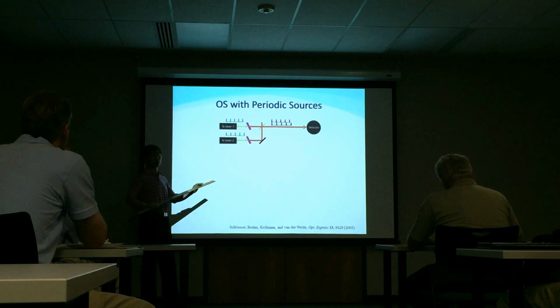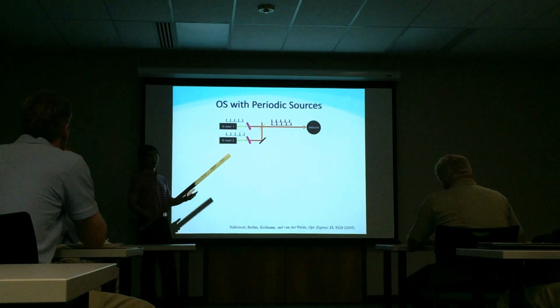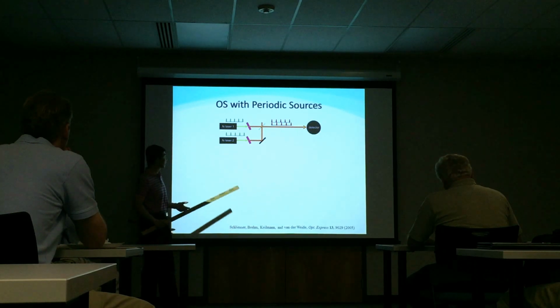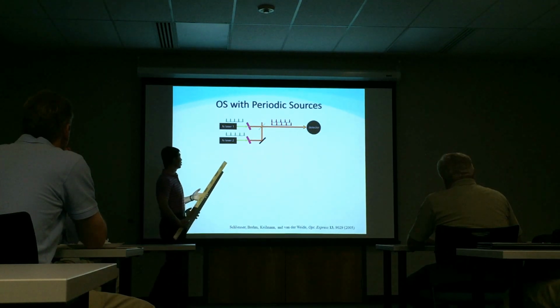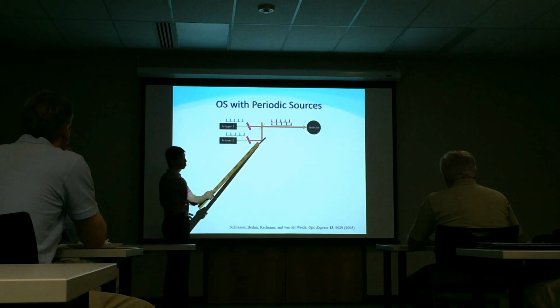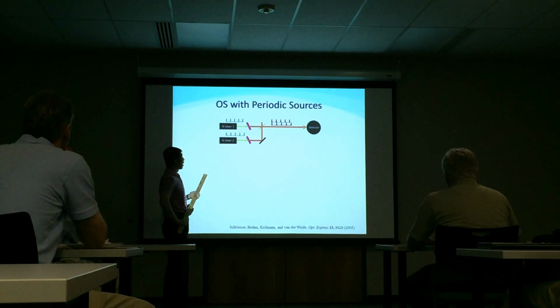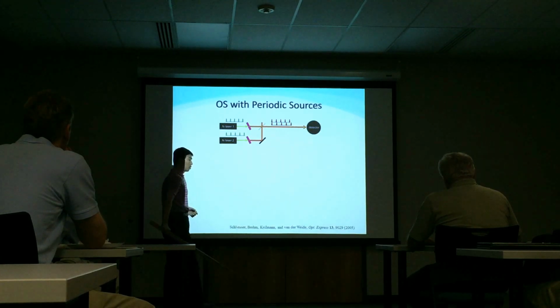You don't need a nonlinear effect, though you can use one; you can actually use either nonlinear or linear effect. It doesn't matter. The key thing is you just need to have the pulse trains overlap, and you shine them on the detector. It can be a nonlinear detector.